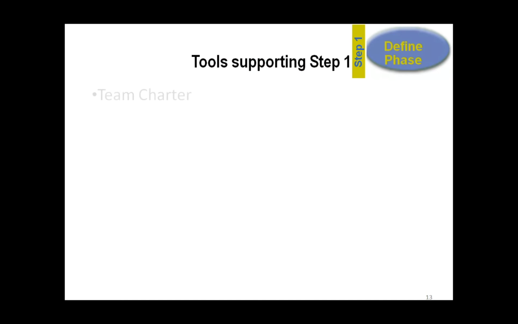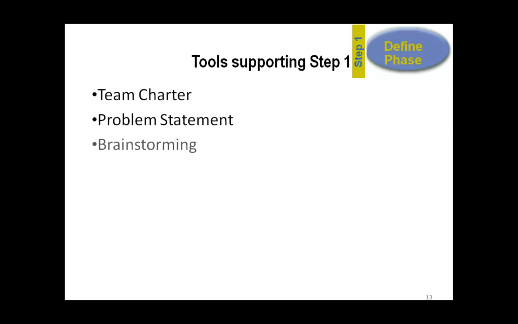Now there are some other tools that we use in the Six Sigma define phase. For example, we have the team charter, where we define the problem statement, we define the stakeholders, the team members, the timeline, the target. So all of that is defined. We have a problem statement that we talked about briefly.